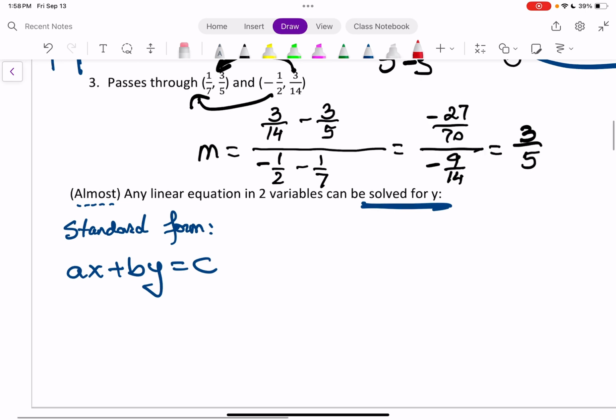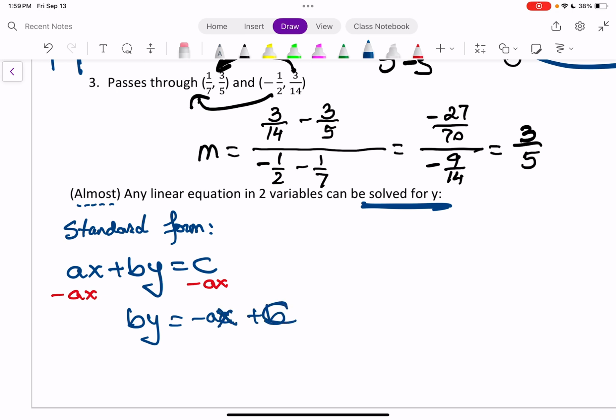So how would I get y by itself? Well, I'd have to subtract this ax plus c, sorry. And then I'm going to have to divide by b, and we're going to do that a few times.